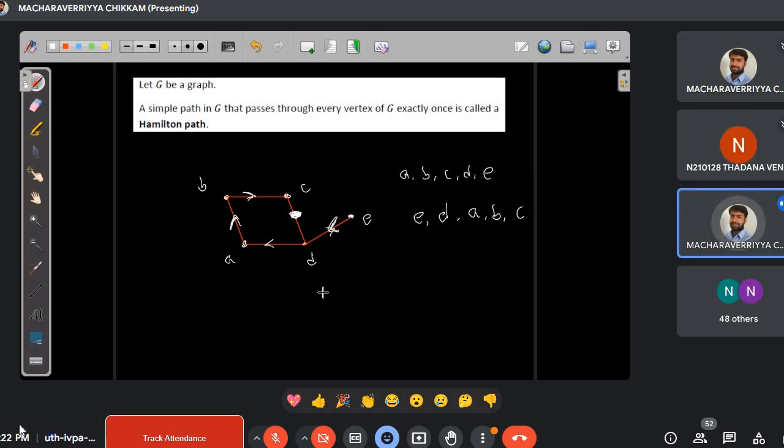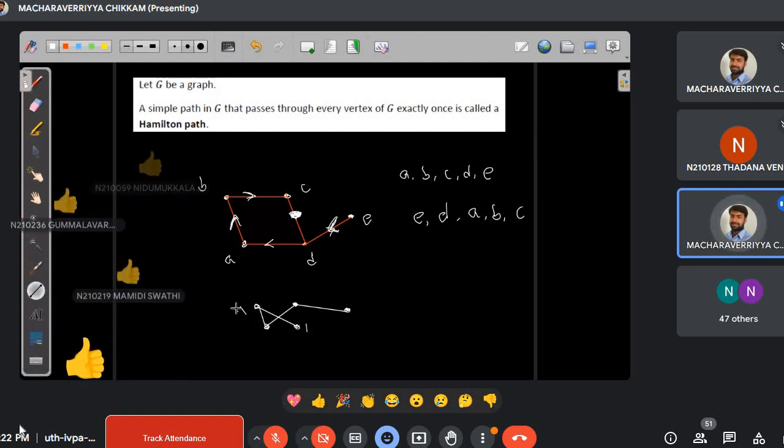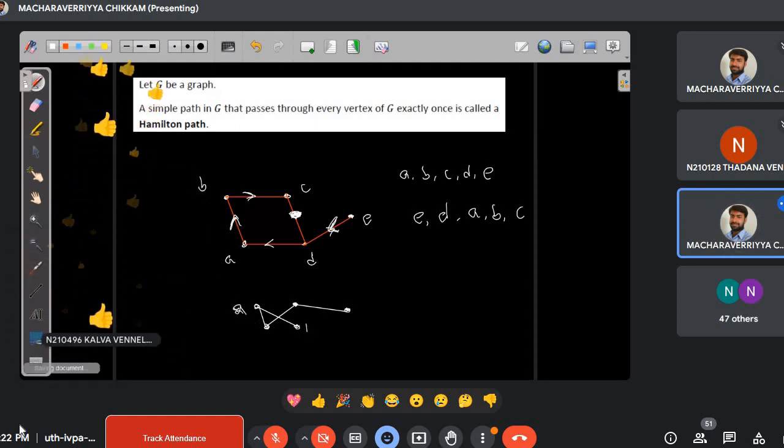Now let me look at another graph. Does it have any simple path? Yes, it has. You start at this point and go 2, 3, 4, 5. So this way you can easily go. All right.